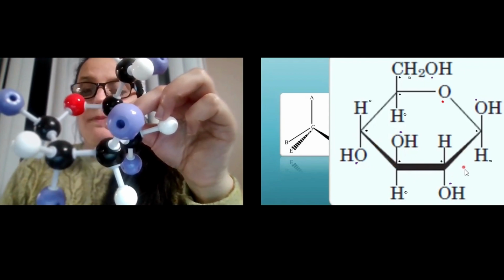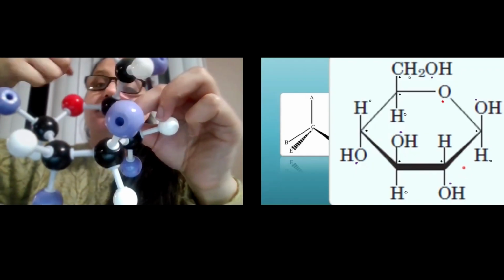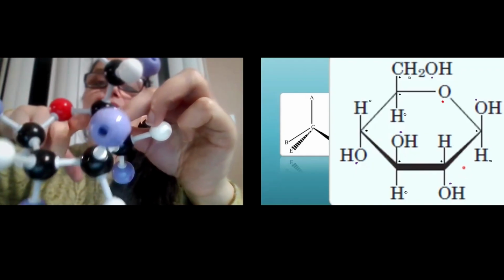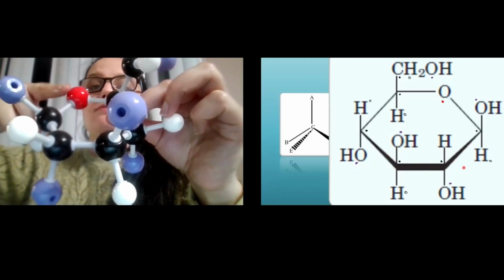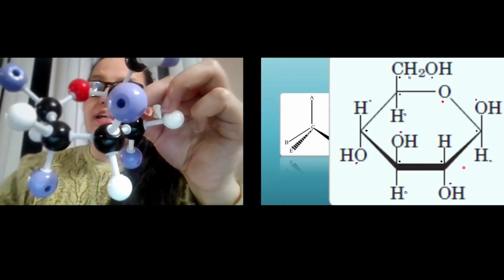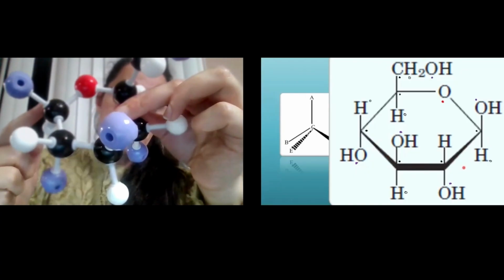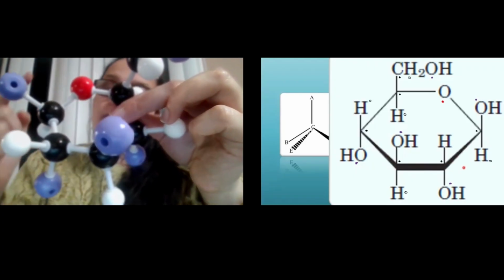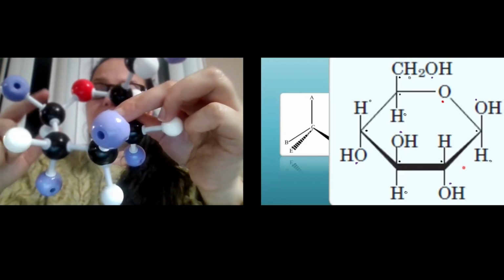Now let's see how the structure is. This is the oxygen which, in the linear structure, belonged to carbon number 5 and attacked carbon number 1, forming an ether bond with it. After that, this carbon, which was the carbonyl group carbon, got converted into a chiral carbon and hemiacetal carbon.